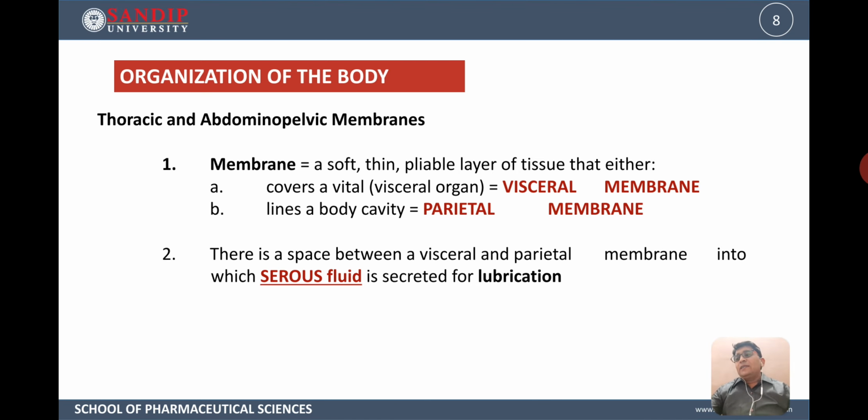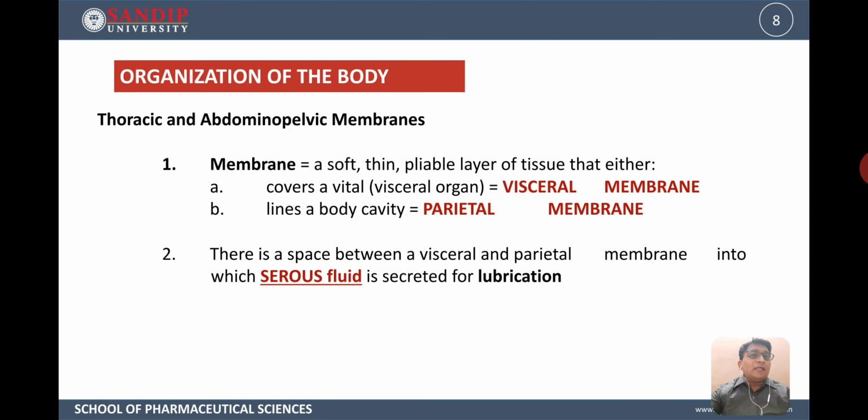In slide number 8 we shift to the thoracic and abdominopelvic membranes. I already explained what is meant by a membrane. The membrane is like a balloon. Whatever the sensation of a balloon is, the same sensation is concerned with the membrane. It is a bilayer, a very soft, thin tissue, and that is known as a membrane.